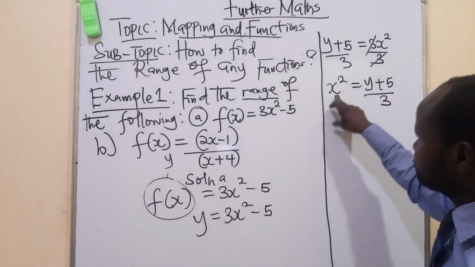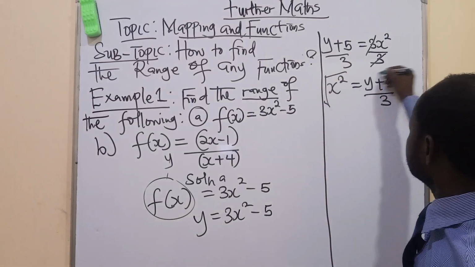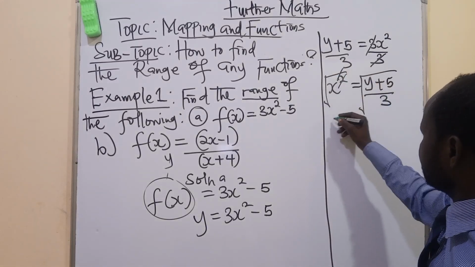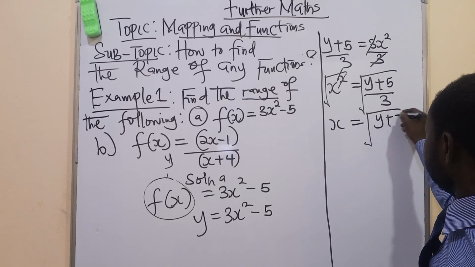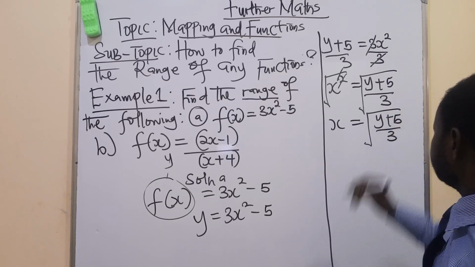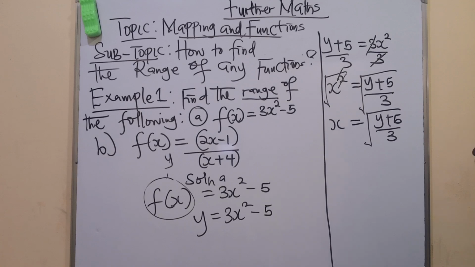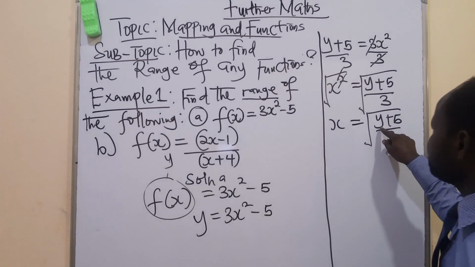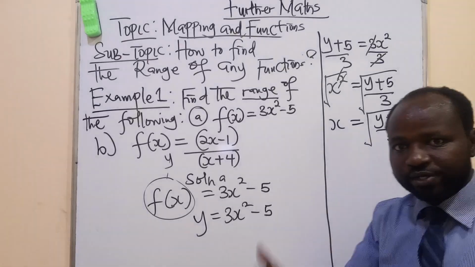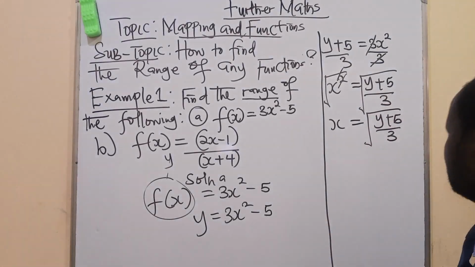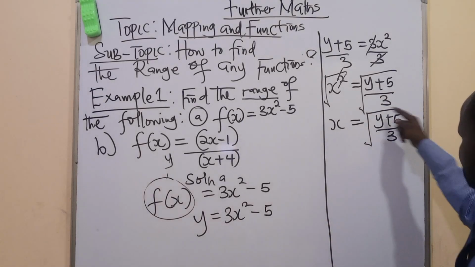To make x the subject, we take the square root of both sides. X now will be equal to the square root of y plus 5 divided by 3. So what are the possible values of y that, when we plug them into this function, the function will exist? That's the range. We have a square root here.